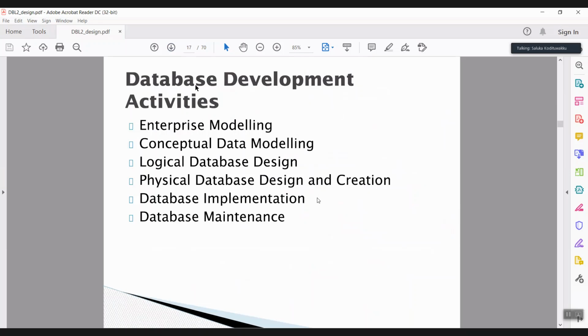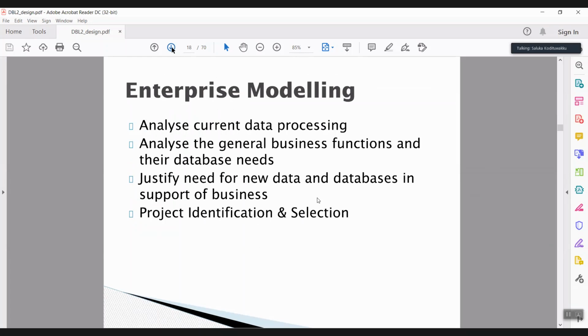Okay, these are the database development activities, involving enterprise modeling, that is the enterprise level, and then conceptual modeling, logical design, physical design, implementation and maintenance, as you saw earlier. Enterprise modeling is where we start.